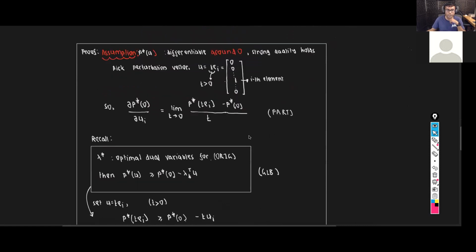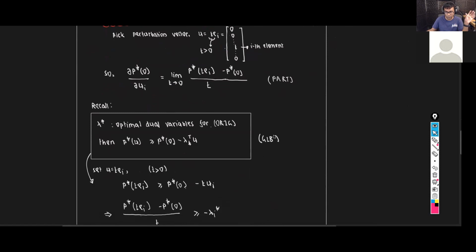Now recall that we just proved in the global inequality that this is always true: if lambda star is our optimal dual variable for the original problem, then p star of u is greater than or equal to p star of 0 minus lambda star transpose u. Sorry, I should say the star should be here.